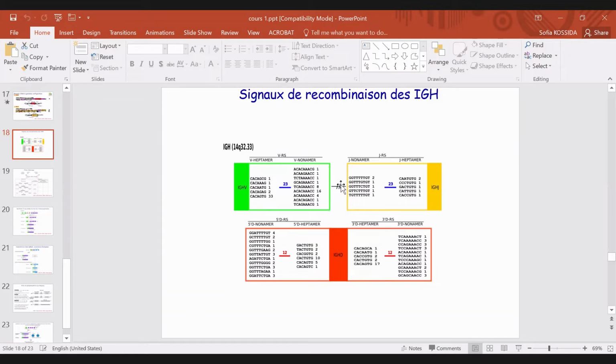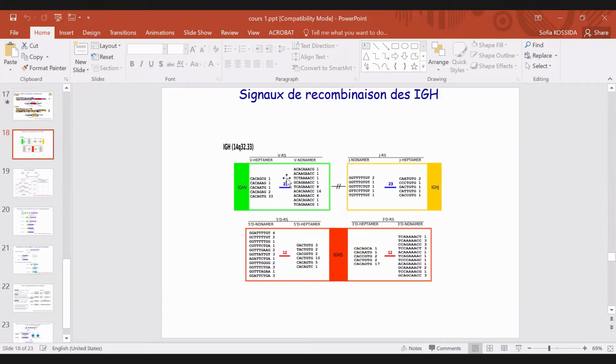The V cannot recombine with the J because the rule of 12-23 is not respected. There is a first recombination of the D with the J, where the rule of 12-23 is respected. Once this has been created, there is a recombination of the V with the DJ complex, where the rule of 12-23 is respected once more.